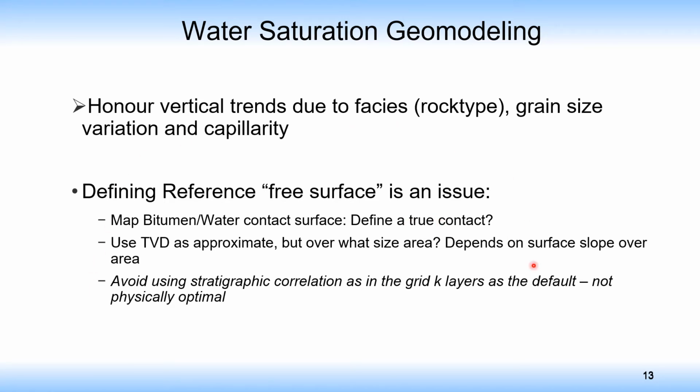So there's some tricks here, but over a smaller area, like a pad, we might just be able to use TBD as approximate, and that's easy in the geomodeling packages. Not all of them let you flatten a model on an arbitrary surface. But the key here for water saturation modeling is to avoid simulating in the stratigraphic correlation lines in your K layers. This is not physically what water does.